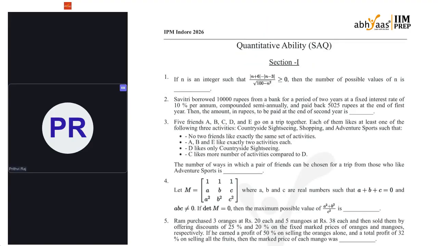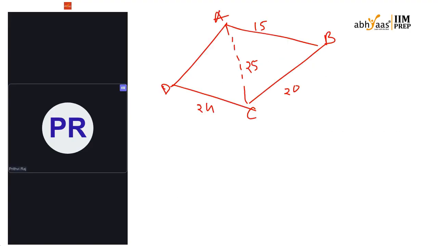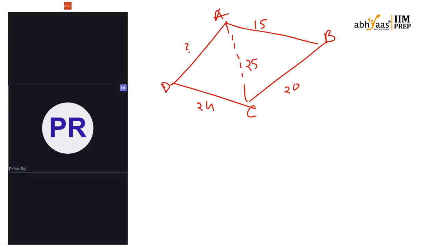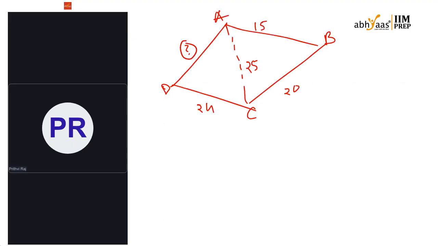What they're asking is AD equals to. So fine, guys, when we see these types of things, just see they have given that it is a cyclic quadrilateral. Cyclic quadrilateral means the sum of opposite angles is equal to 180. That we should not forget. Okay, and we have to calculate one of the angles, and we will use that.